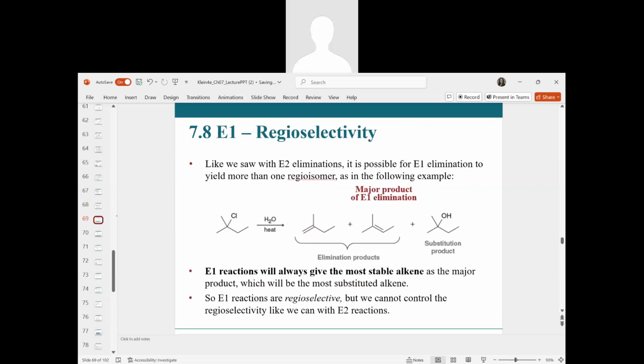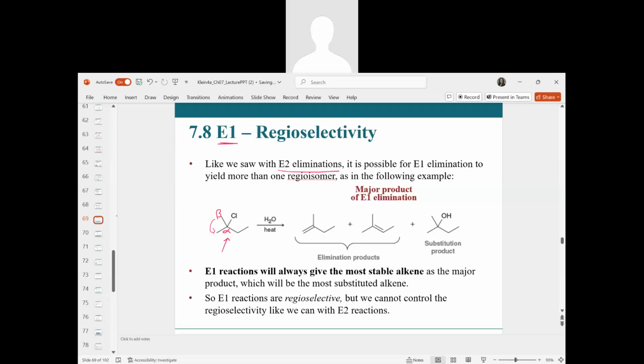So we should also consider, just like with E2 reactions, E1 reactions also can have multiple sites of double bond formation. So we can have multiple elimination products as seen with this substrate here. So once again, we would pick our alpha carbon, look for different beta carbons.